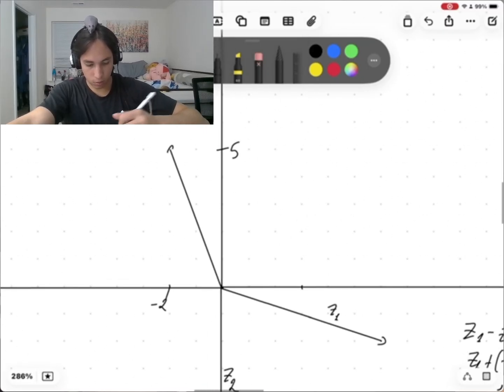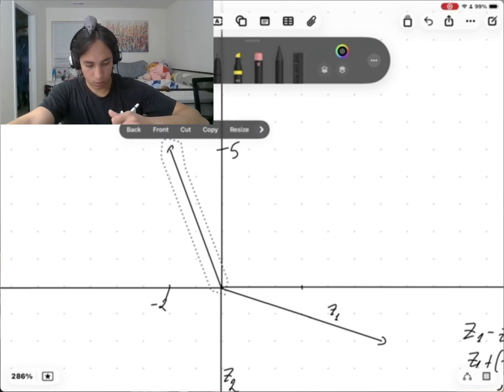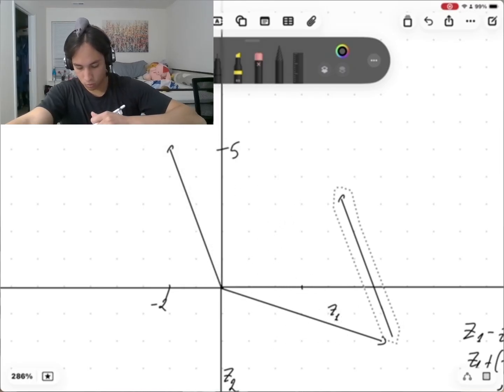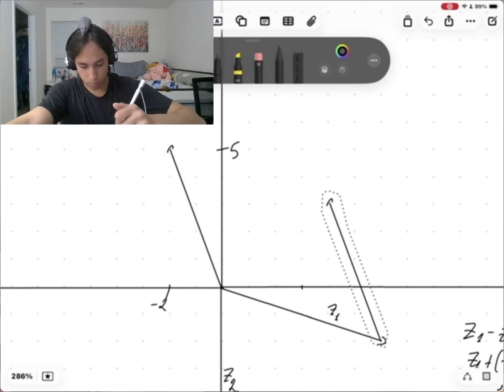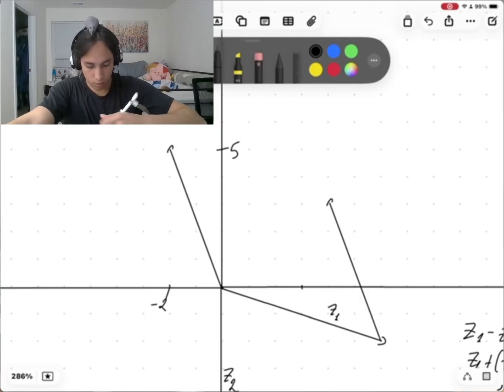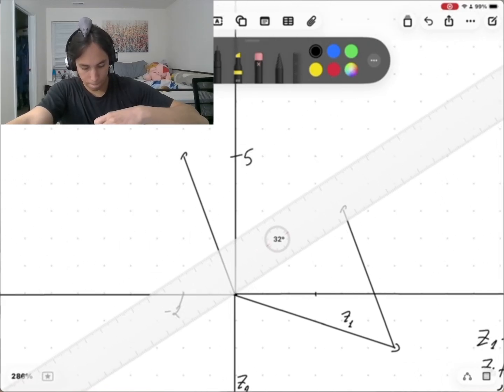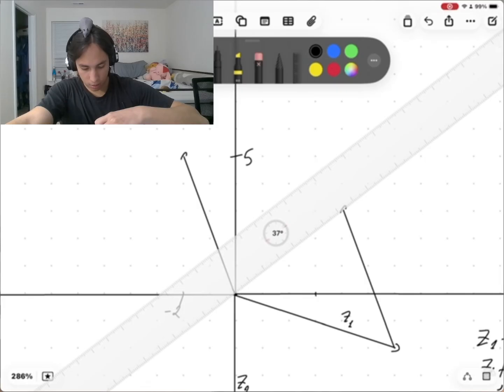And so if we add them like this, we duplicate and do base to tip. This is our resulting vector. Hold on, I'm gonna check it because I forgot what the result was.